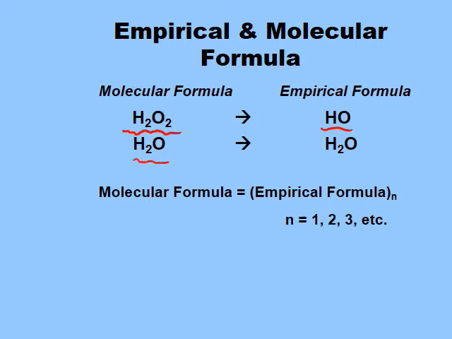However, in case of H2O, which is 2 and 1, because 2 hydrogen and 1 oxygen, you cannot go any smaller ratio than this. So it's going to remain 2 and 1. So empirical formula would be the same as molecular formula for H2O. So basically molecular formula would be a multiple of empirical formula. So I put down here empirical formula times n, where n could be 1, 2, 3, any of those numbers. It's not a fraction. It would always be a whole number.